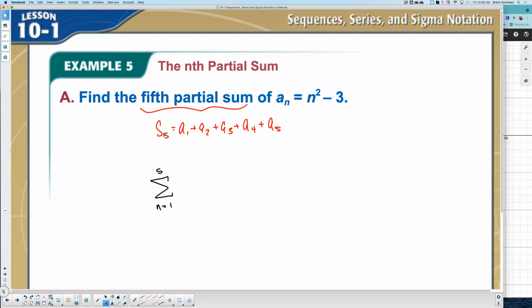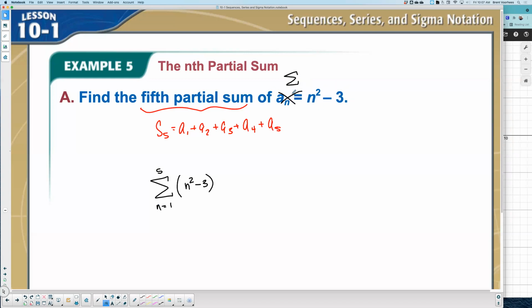So I want to find 5 sums from A1 to A5. And what I do in the parentheses is I replace the right side of the formula. So it's going to be n squared minus 3. So instead of saying an equals, what you'll do in the future is you'll scratch that out and do sigma in its place.